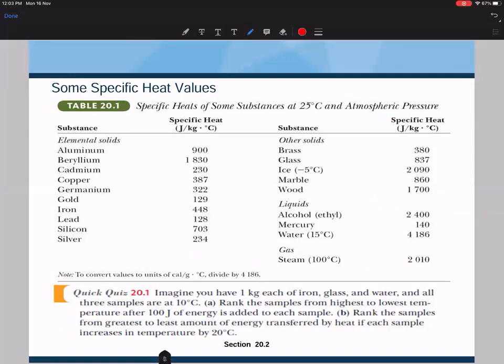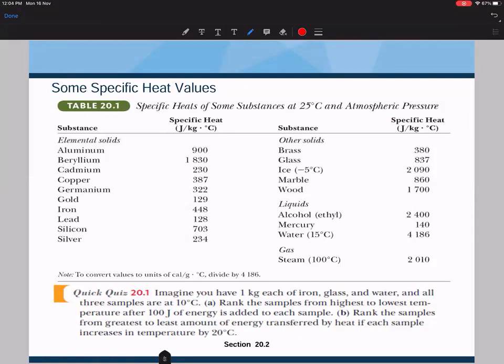This table provides you with a quick summary on the specific heat of various types of substances or materials. In general, metals have relatively small specific heat, and liquids, well, it depends on the type of liquid.